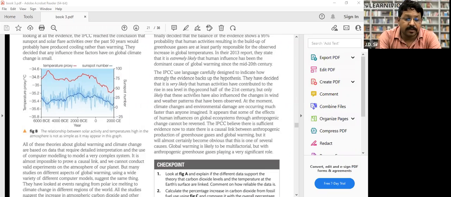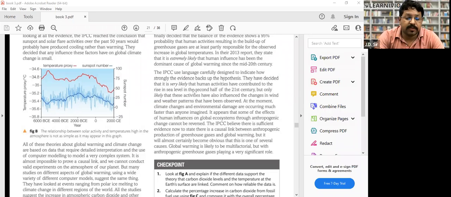Climate change and environmental damage are occurring much faster than anyone imagined. It appears that some of the effects of human influences on the global ecosystem through atmospheric changes cannot be reversed, right? There are certain things which cannot be reversed, like the ozone hole. It's really very difficult to close that hole.